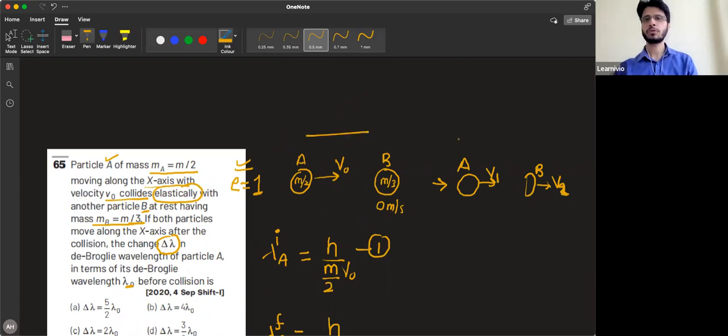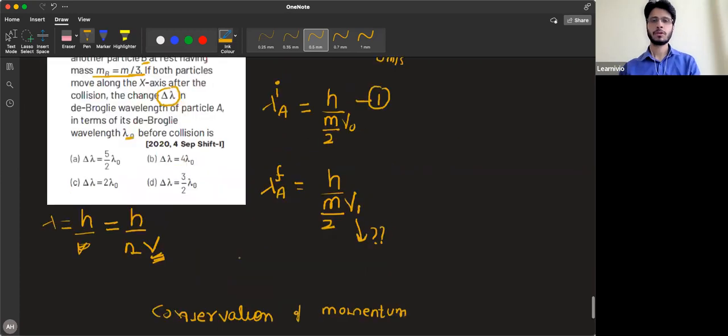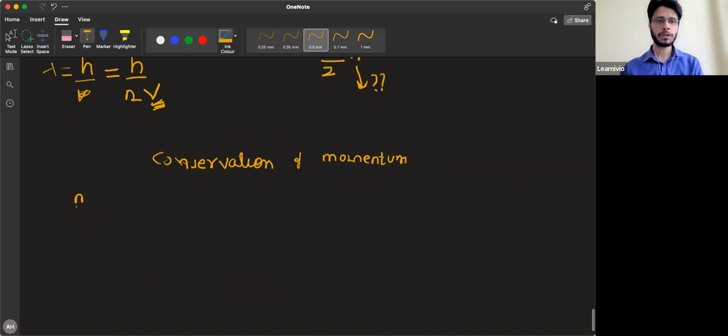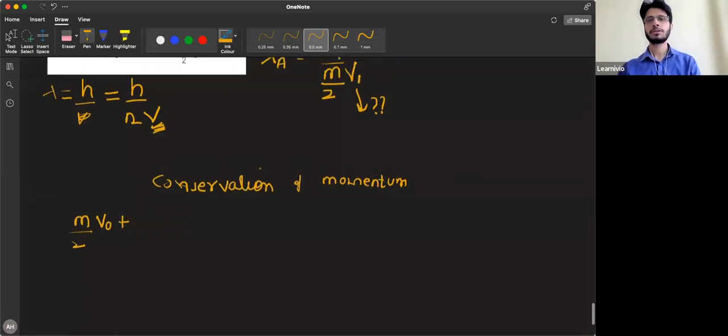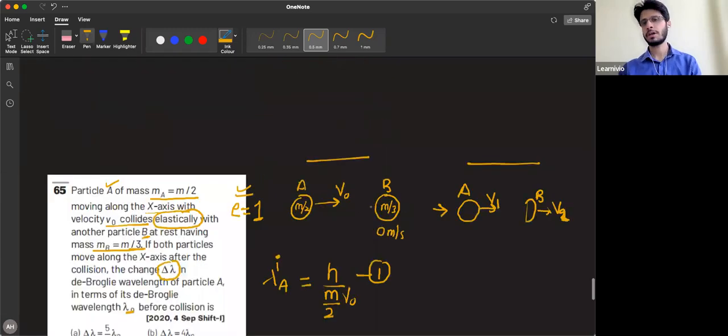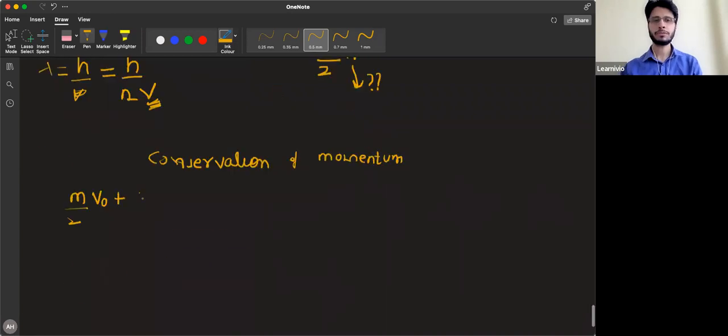So this is before collision and this is after. Before collision, momentum is m by 2 v0 plus m by 3 into 0, which will be 0.